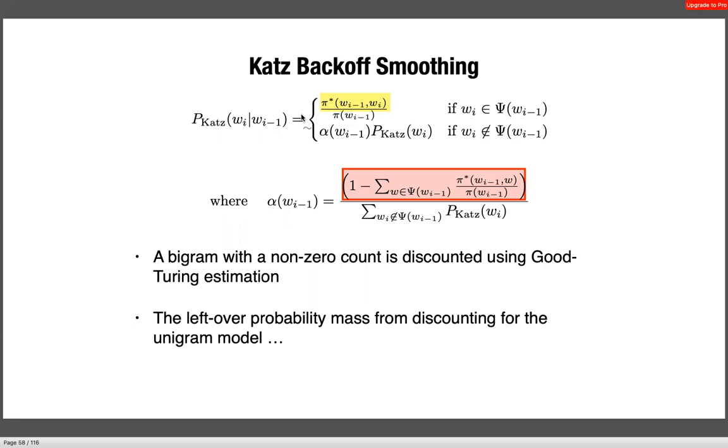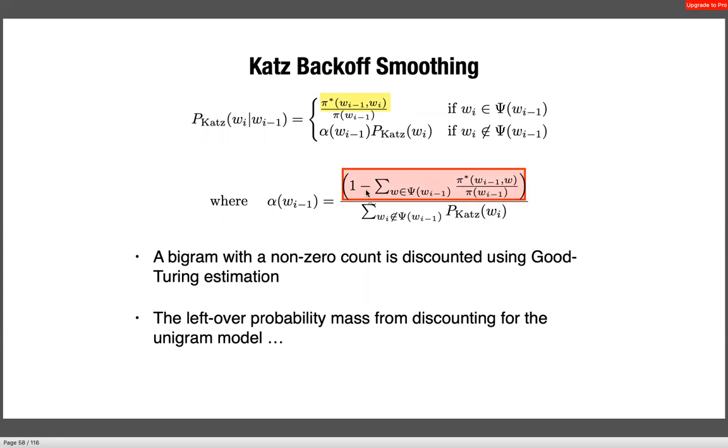And now, what is this leftover probability mass? It would be whatever is in the numerator of alpha of w_{i-1}. So that is 1 minus the sum over all w that belongs to psi of w_{i-1}, P star of w_{i-1} w, divided by P of w_{i-1}.